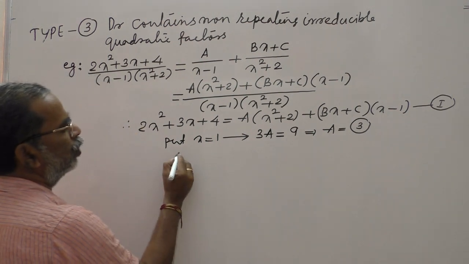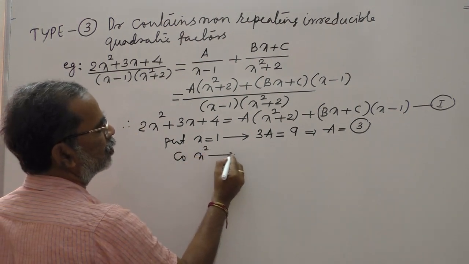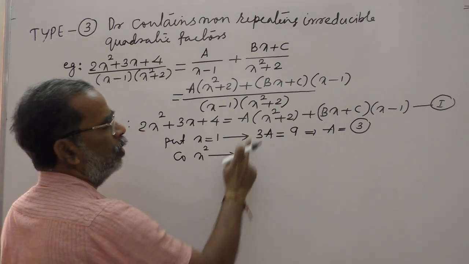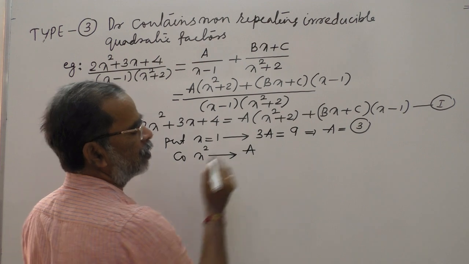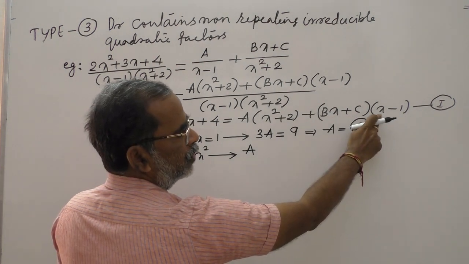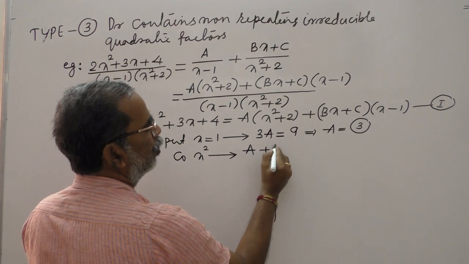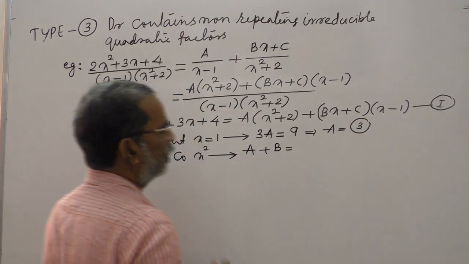Or you can also equate the coefficients. I will equate the coefficients of x square on both sides. On the right side, if I multiply, I will get A x square, whose coefficient is A. Here bx into x gives b x square, whose coefficient is b. That's all, no other x square term.